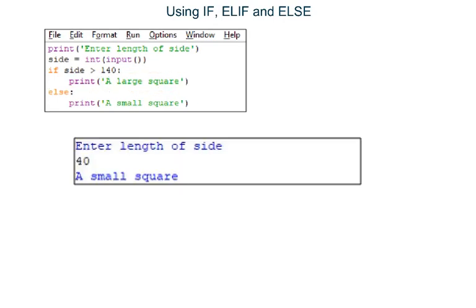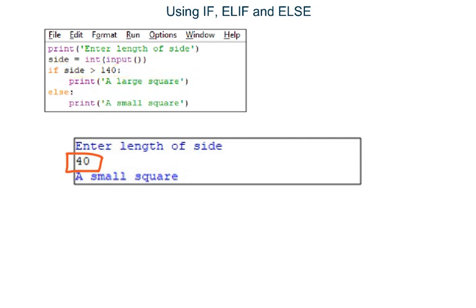When we run the program again, but this time enter 40, which gets stored in variable side, the program again checks to see if what is in variable side is greater than 140. Clearly 40 is not greater than 140, so the indented line under if is not carried out.